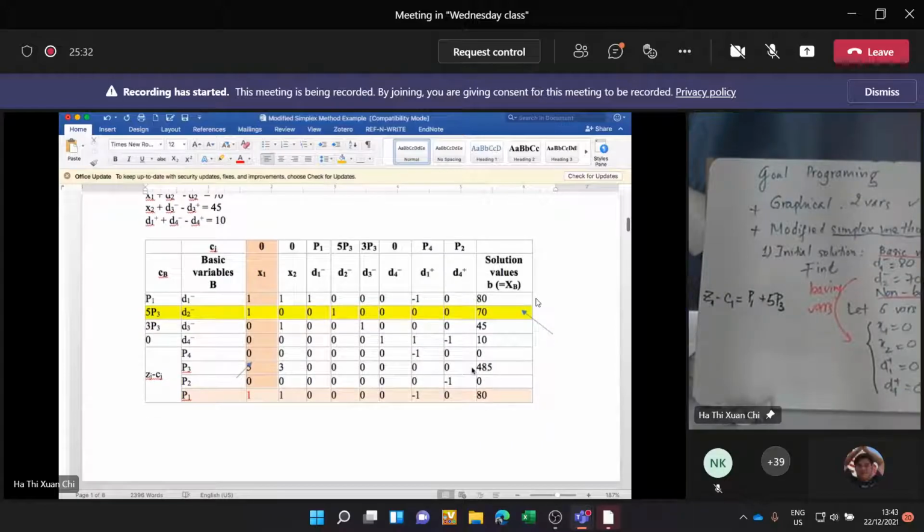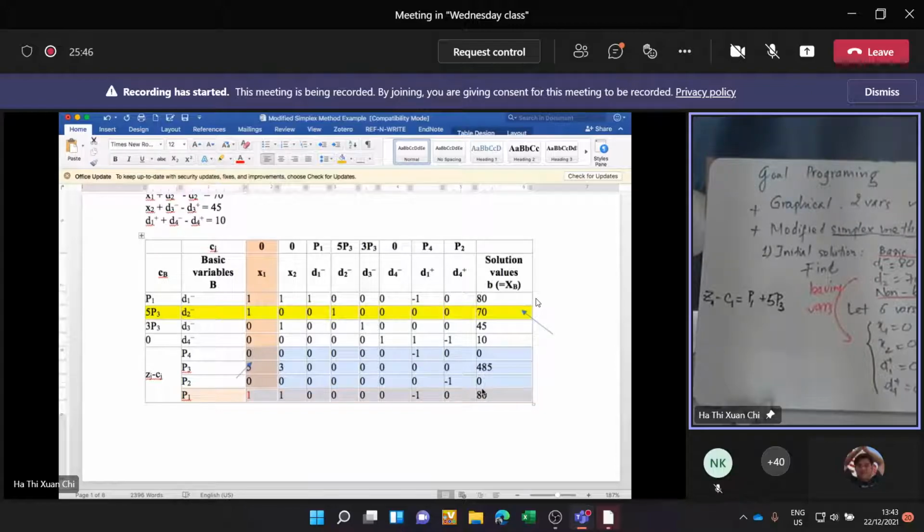Okay. And then you get the number in here. So it means we fill in all the table. So we have the first table.